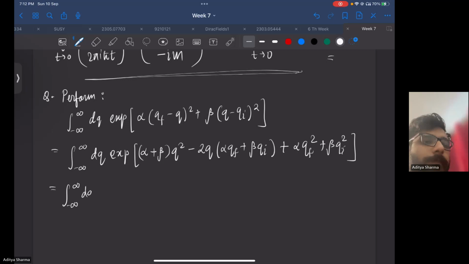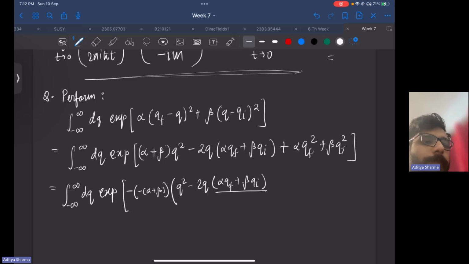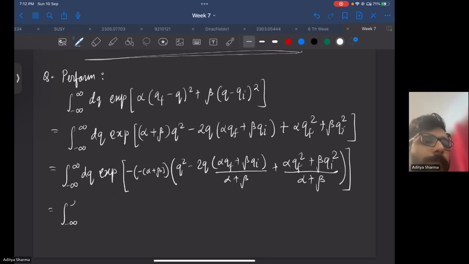We should take this out. So we're going to have minus (alpha plus beta) q square minus 2q (alpha qf plus beta qi). I wanted a minus sign, so I'll introduce a minus sign.